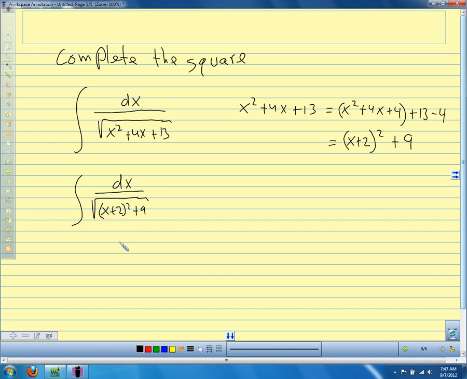And this is definitely something that we can use trig substitution on. So if I draw my triangle for this integral, put theta here, this is the square root of x plus 2 squared plus 9. And I did my sides: x plus 2 on this side, and 3 on that side.